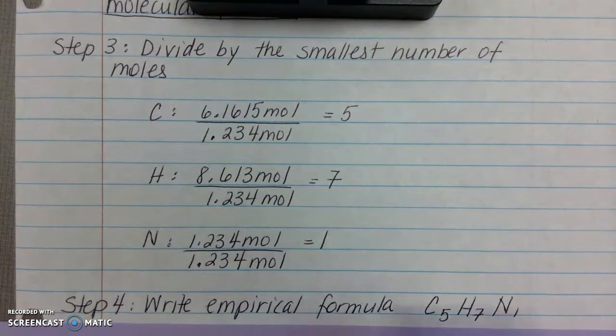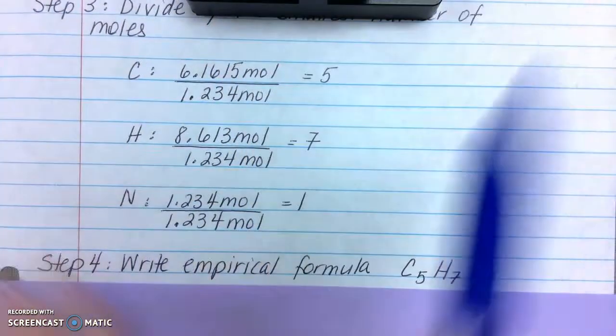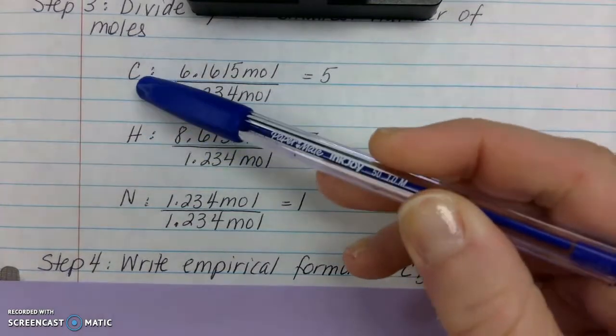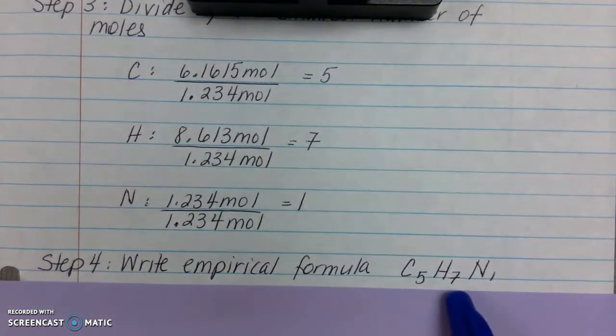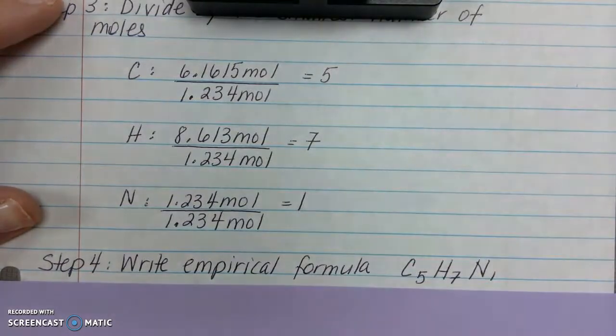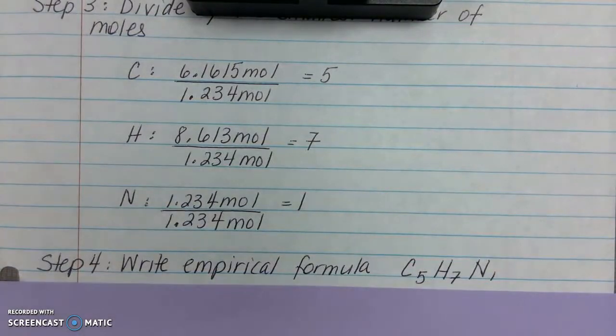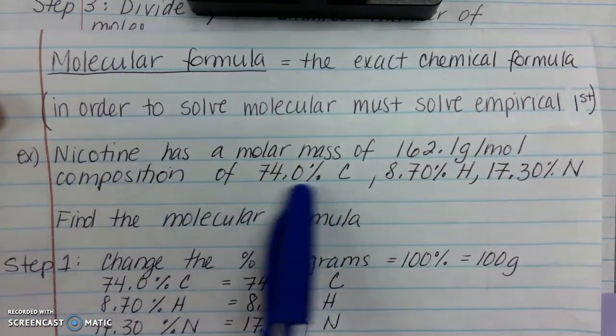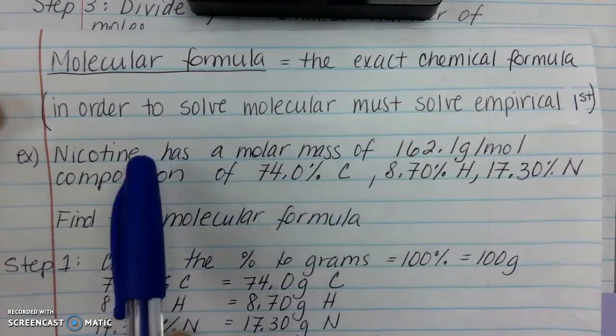So now we can write our formula for empirical, an estimated formula, by using this value and making it a subscript. So it's C5H7N1. You don't have to write the 1, but if you write that, it won't be marked wrong. So we're writing the empirical formula. But the question was actually asking us, we refer back to the question, what is the molecular formula of nicotine?